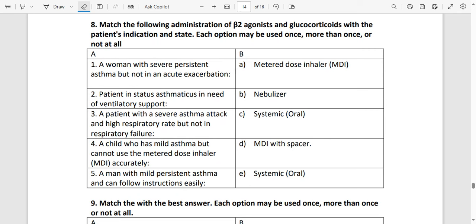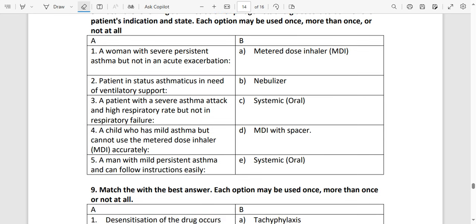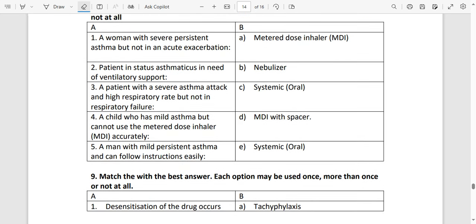Match the following administration of beta 2 agonist and glucocorticoid with the patient indication and state. A. A woman with severe persistent asthma, but not in an acute exacerbation. So this patient has got asthma, but it's not acute.